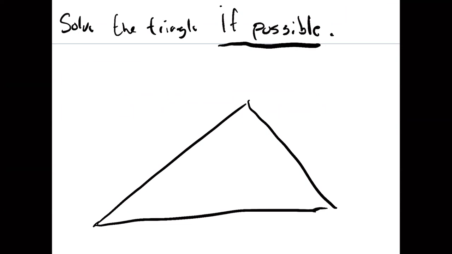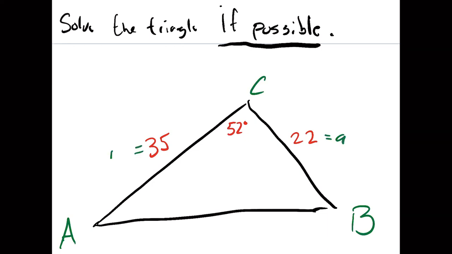We have this as 35, we have this as 22, and we have this as 52 degrees here. And let's just keep the common convention: this is angle A, this is B, this is C. So this is equal to little a, this is little b, this is little c here.